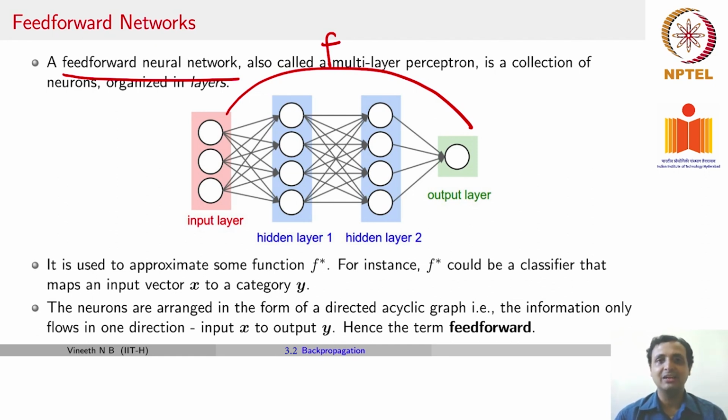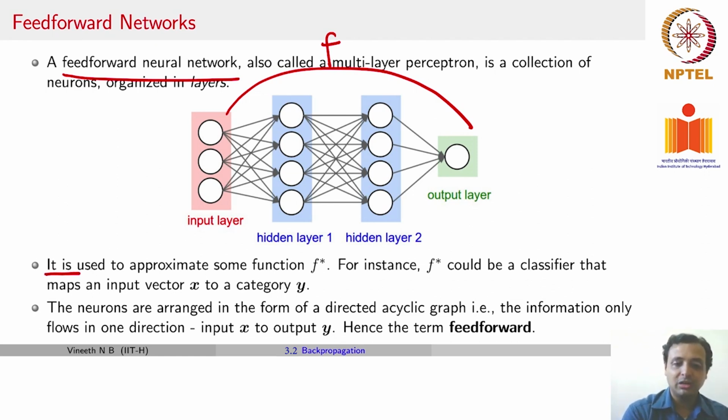This is not a necessity, but having more hidden layers could help you. We'll see later how adding too many layers can also cause problems, but at this point, let's move forward with this discussion of training a feed-forward neural network.